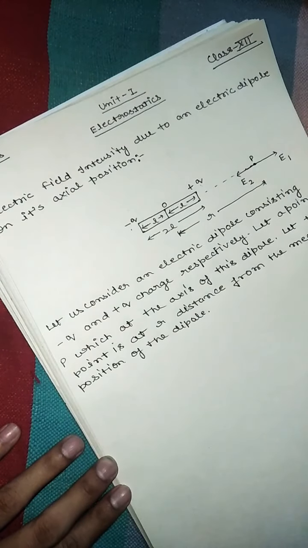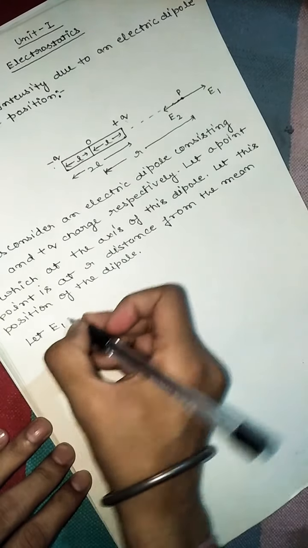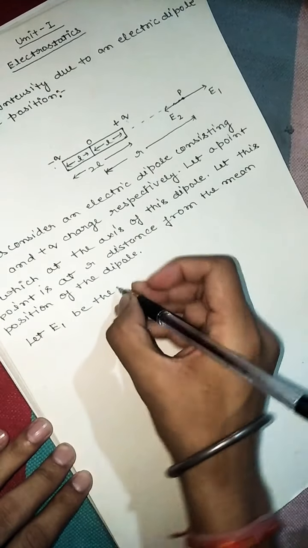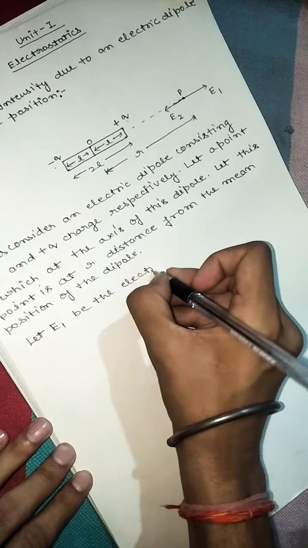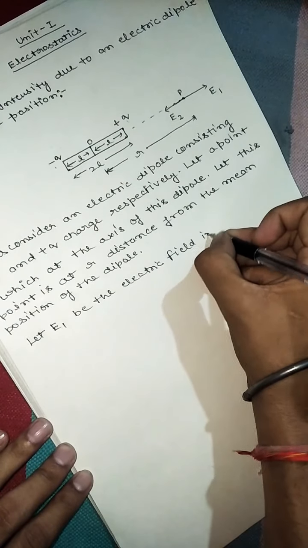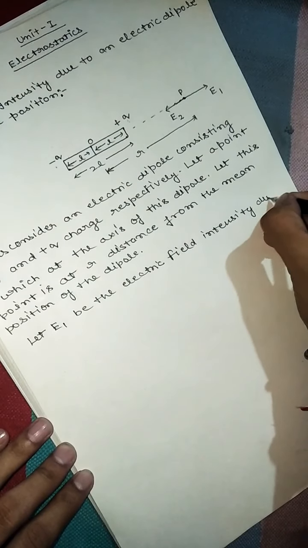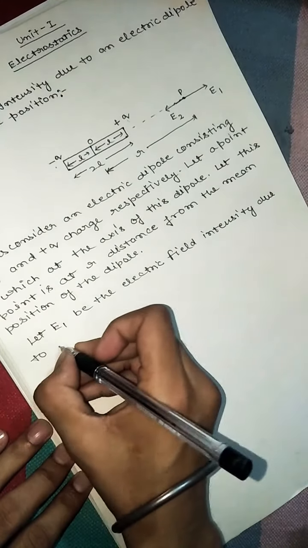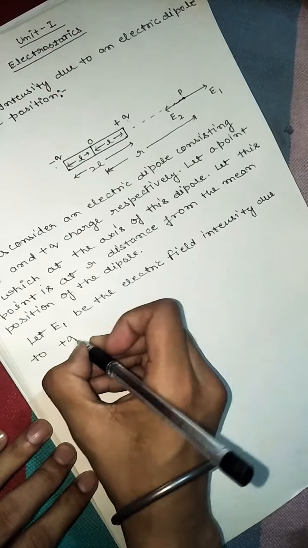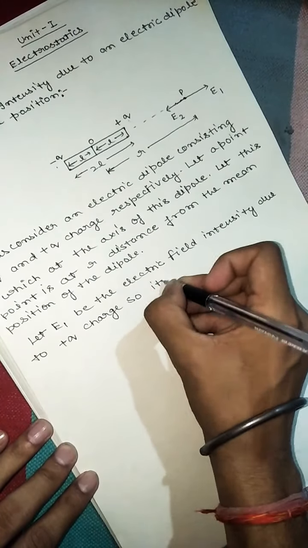So moving further, let E1 be the electric field intensity due to plus q charge.